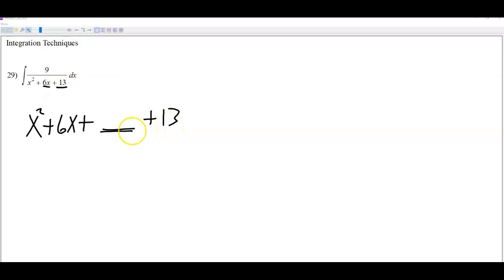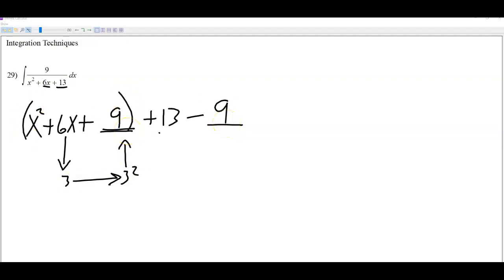After that, I'm also going to subtract that same value over there. So the new number I'm going to create is found by taking half of that middle number there, which is 6. Oh, sorry. Half of 6 is 3. And then you square it, which is 9. And then you're going to subtract it over here.